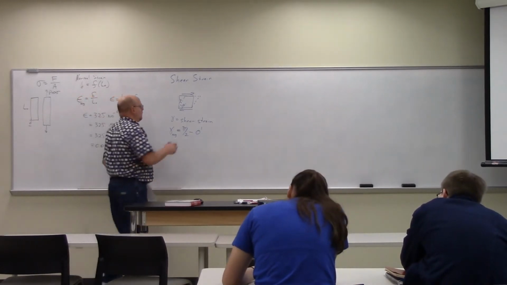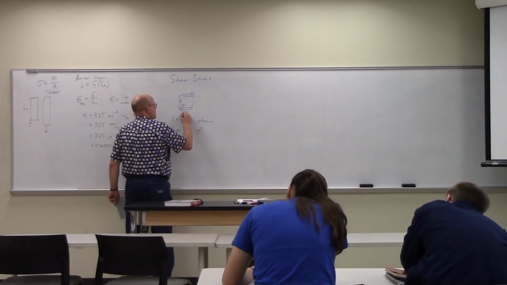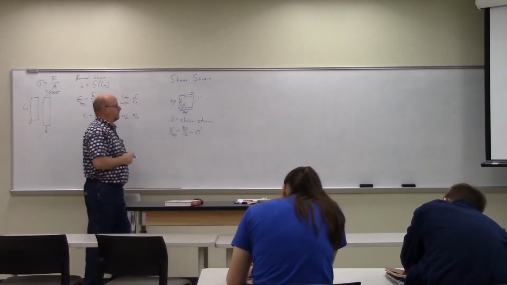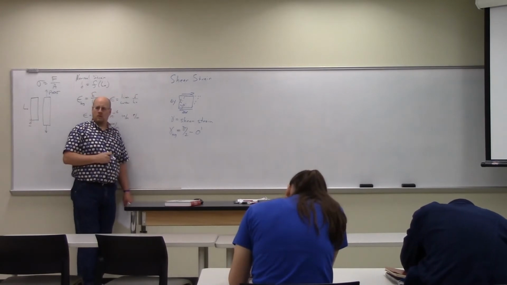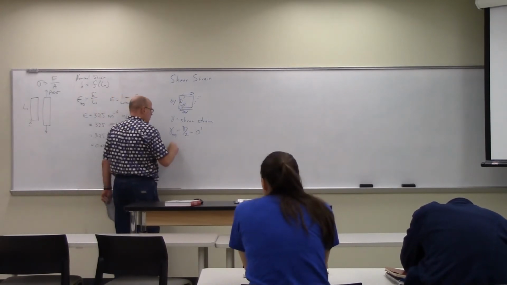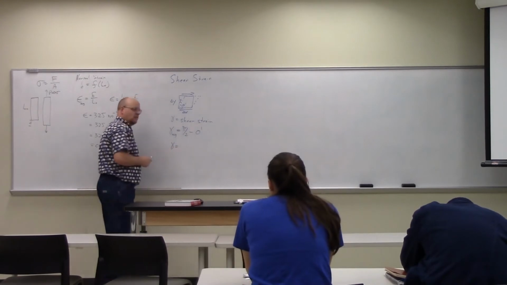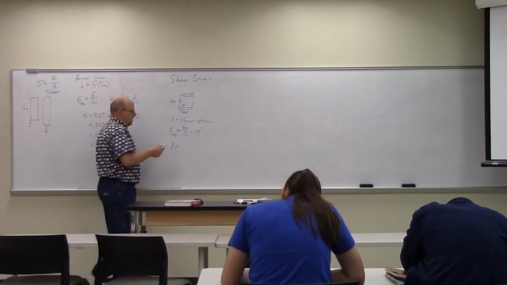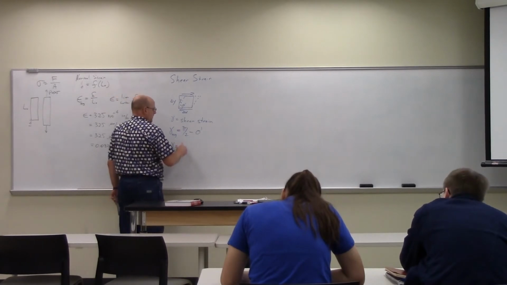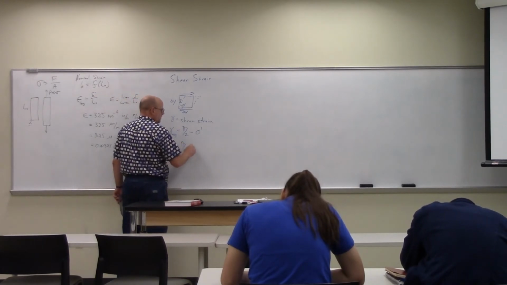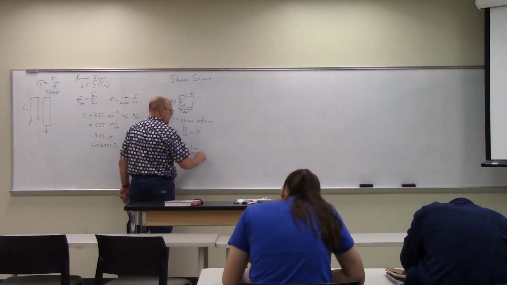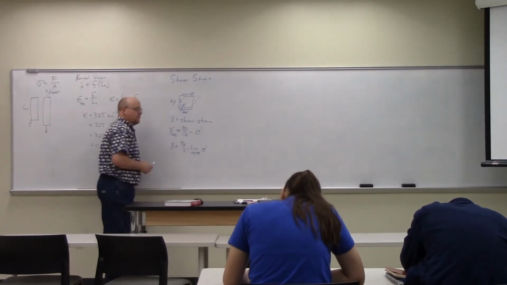Let's say that block has dimensions delta x and delta y. If we want the localized, instantaneous, if you will, shear strain, then we take the limit. So it's pi over 2 minus the limit as delta y goes to 0 of theta prime.